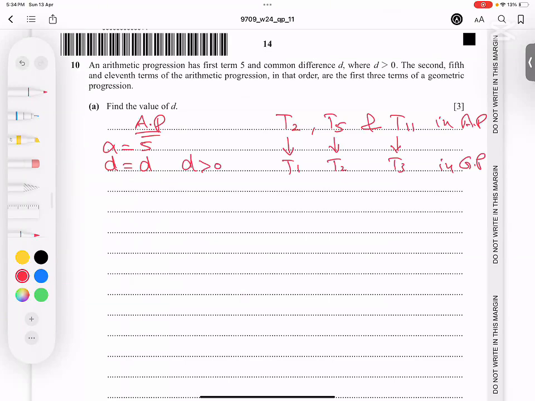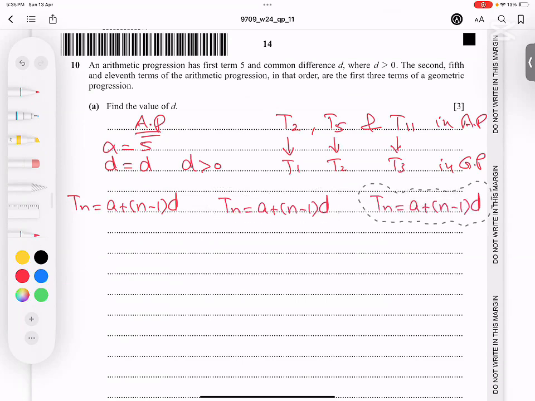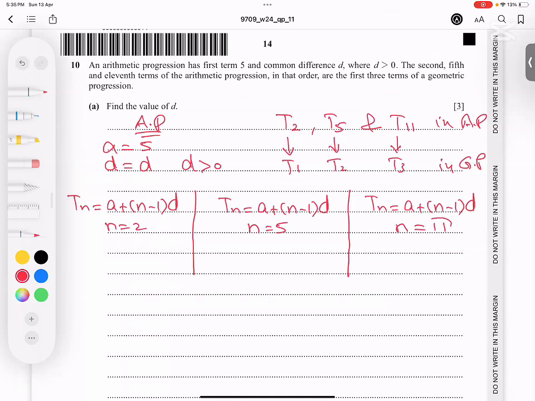Okay, it means we have to go for these things first of all. So I'm writing this formula 3 times: Tn is equal to A plus n minus 1 into D. I will copy and paste this formula. One time I'm using n equal to 2, one time n equal to 5, one time n equal to 11.